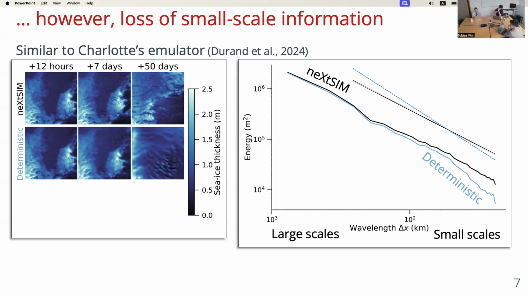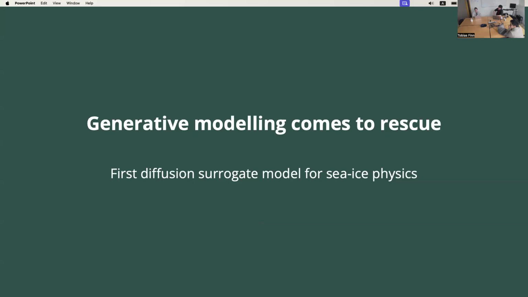This is basically also what Charlotte has seen in her emulator, in her recent work: if you emulate the CS thickness only, you get pretty similar issues. And now comes generative modeling into the game.